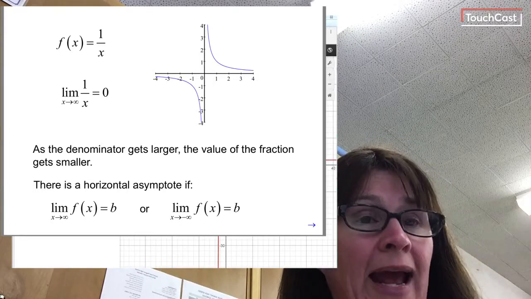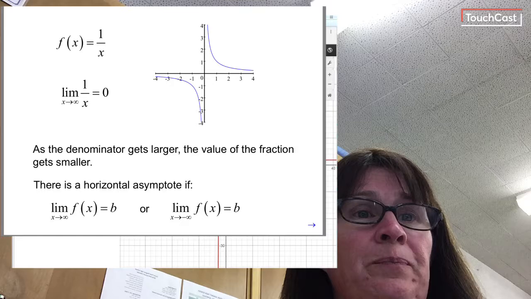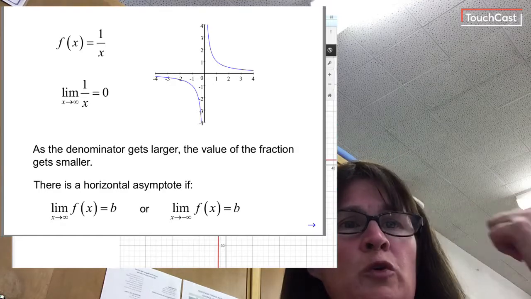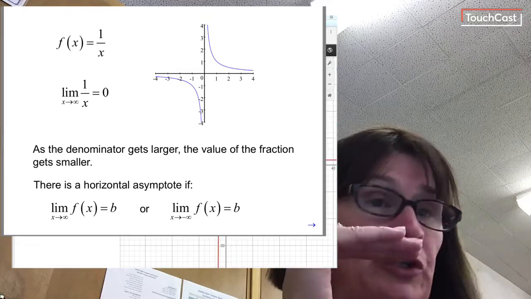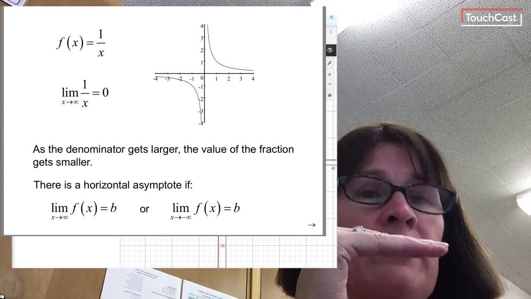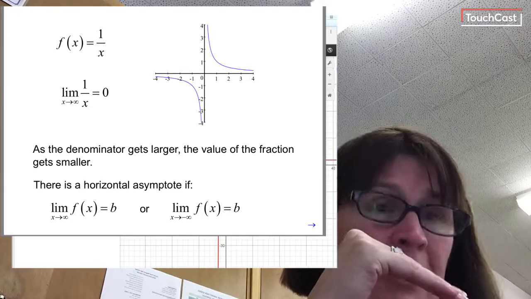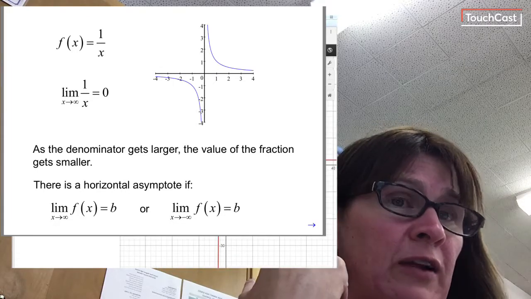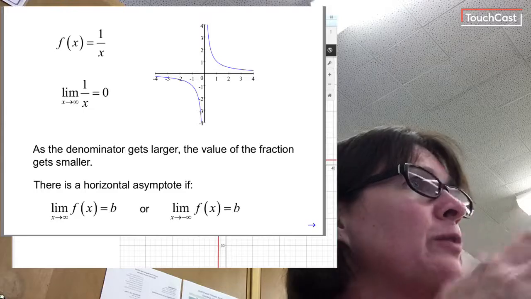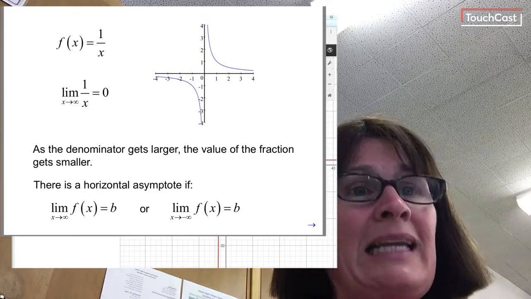The equation for that asymptote is y equals b. So if, as x gets super big, the y values get closer and closer to 2, for example, like in the second graph, then we say there's a horizontal asymptote at y equals 2, because the limit as x approaches infinity of (2x minus 1) over (x plus 3) equals 2.